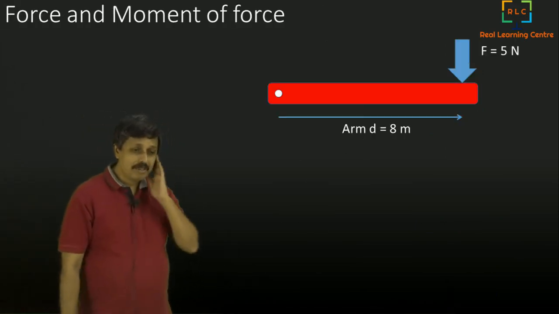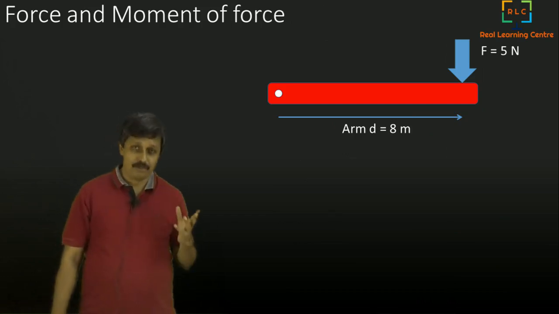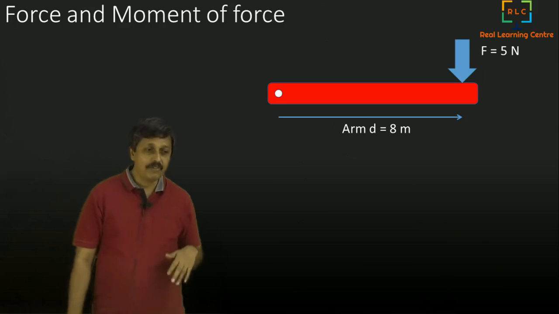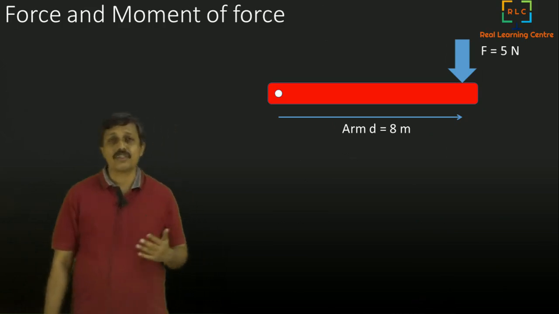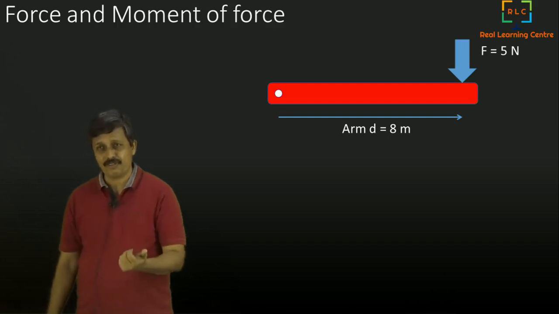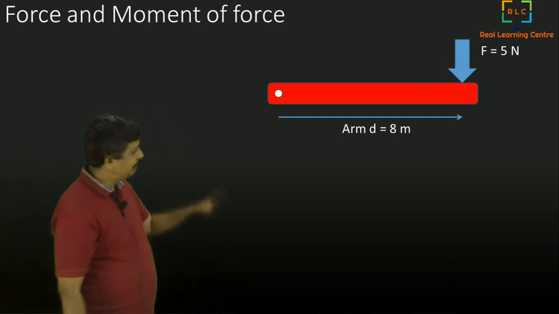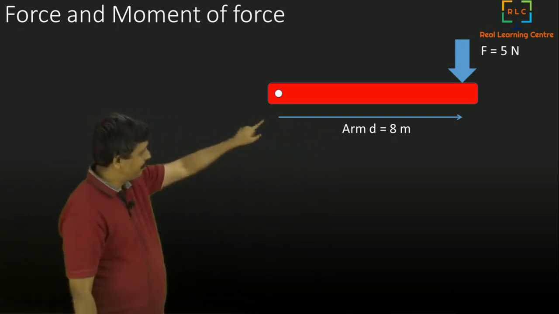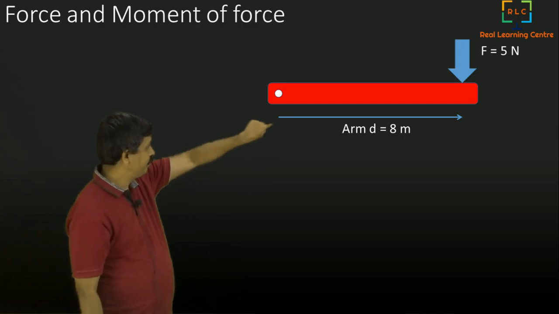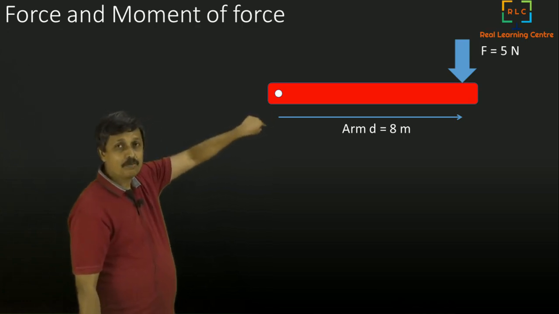Now let's get into force, which is basically the cause of motion. When we talk about force in regular translational motion, in rotational motion we talk about something called moment of force. What is this moment of force? Let's take this bar, which is fixed at a point, an axis around which it is allowed to rotate.